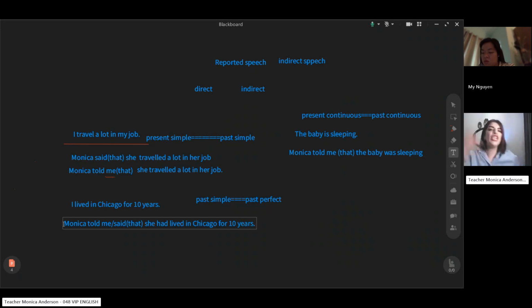So this way you can change a direct speech to indirect or reported speech. Okay? Well, does this mean she still lives in Chicago? No, finished, over. Had lived, because when I say I lived, over, finished, this is past simple. And she had lived, it means 10 years, and then finished.